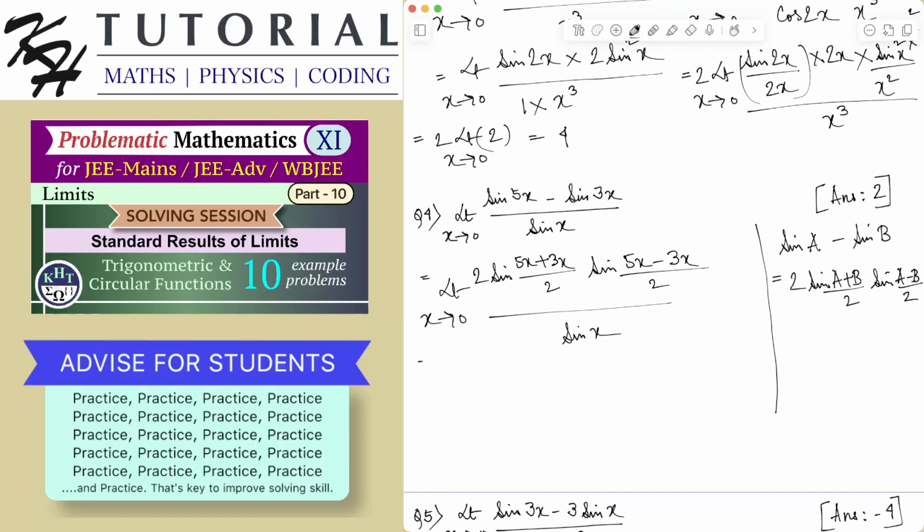So this is equal to limit x tending to 0 of 2 times; let's bring the constant factor 2 outside the limit.